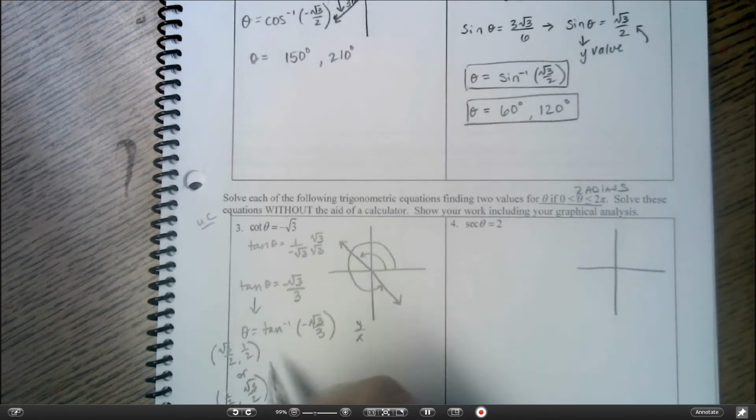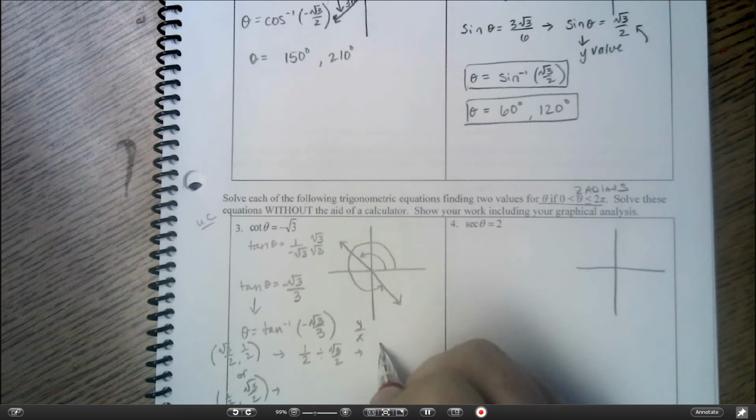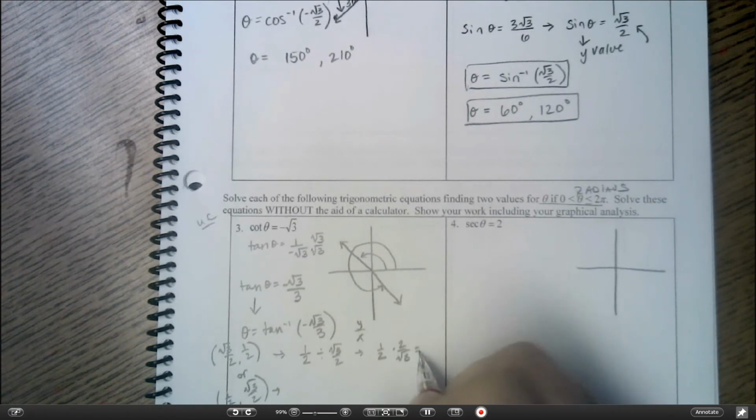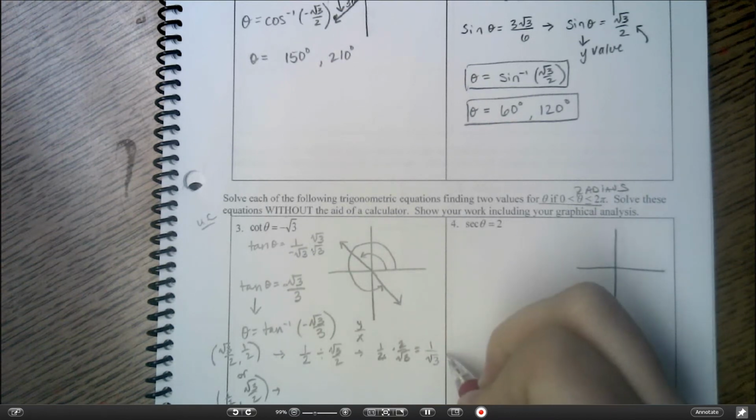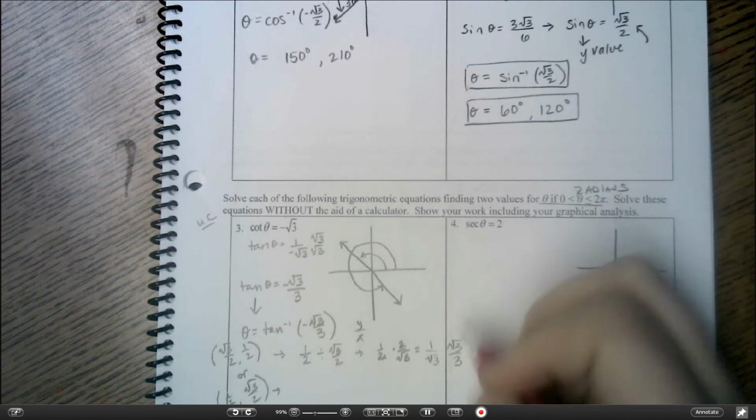So if we were to look at this ordered pair, we would get y divided by x, which is the same thing as y times that reciprocal. And so we end up getting 1 over rad 3, which means if we were to rationalize it, we would get rad 3 over 3.